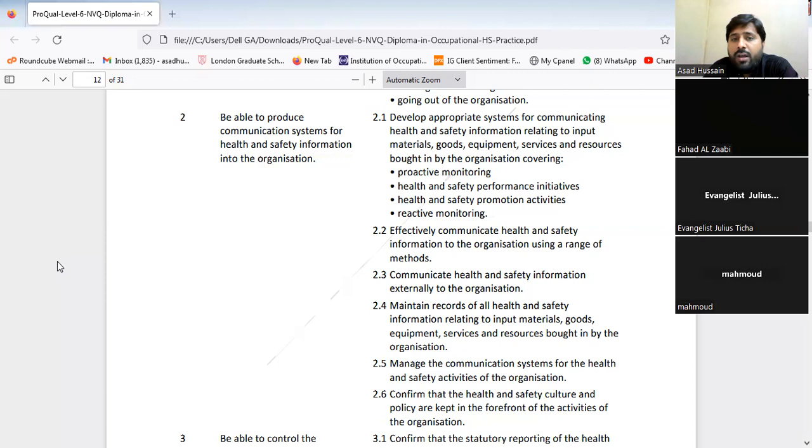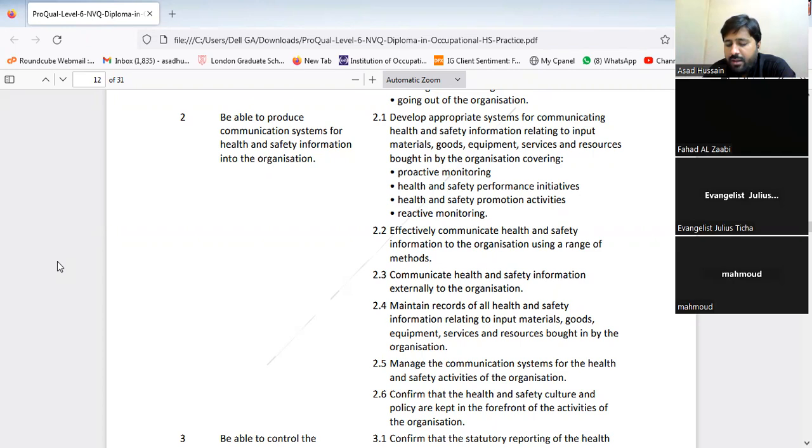So first of all, you have to explain what type of communication means or methods you are using in your organization to discuss or to distribute the health and safety information in different levels of the organization.